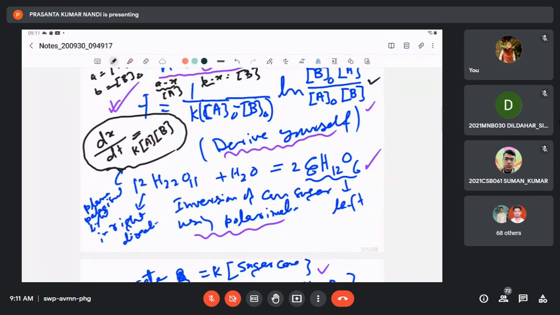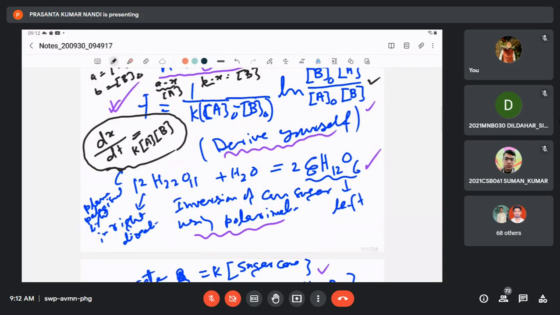Now, suppose we consider a reaction like this, that is the hydrolysis of cane sugar. You know that. This hydrolysis produces a monosaccharide, that is glucose. There is a property here.